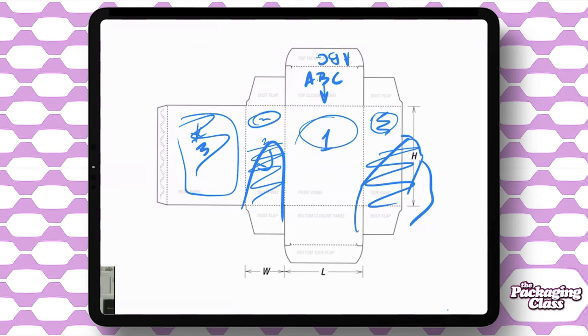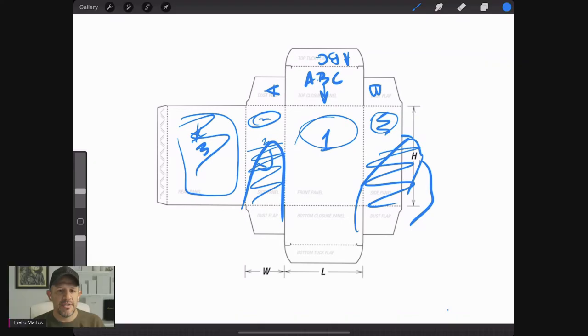Now, these dust flaps, this is the way that you would put any copy on it. As you can see, I'm mapping this out pretty quick here, but it's letting me know, or if I'm the packaging manufacturer or the packaging engineer, I'm handing this off to a designer that's going to be able to lay out artwork.